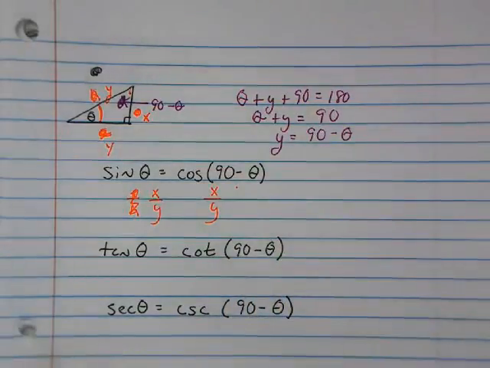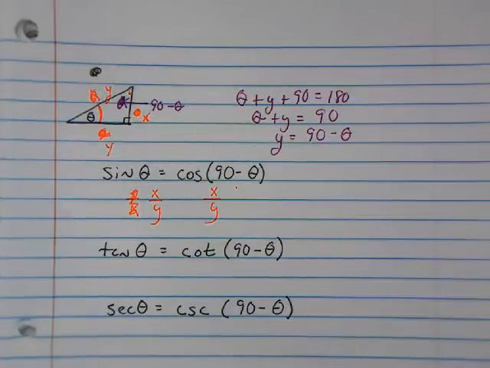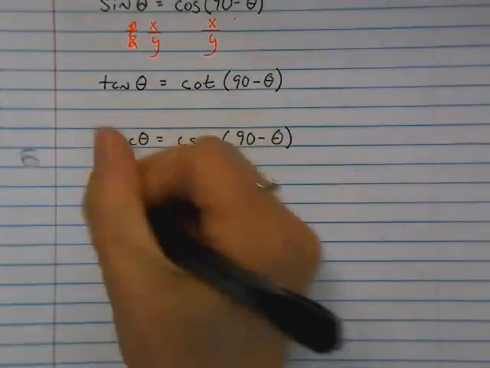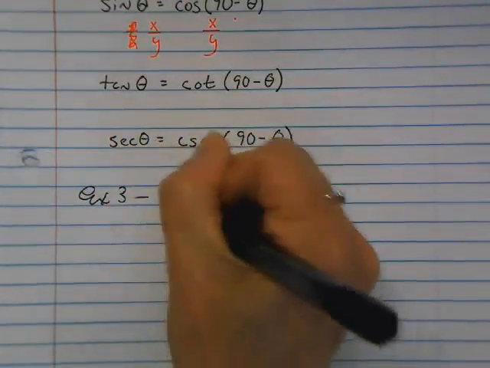Alrighty, so let's look at how we're going to use this. Example 3. Find a cofunction with the same value.